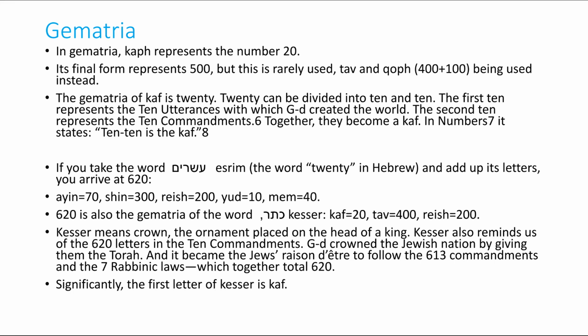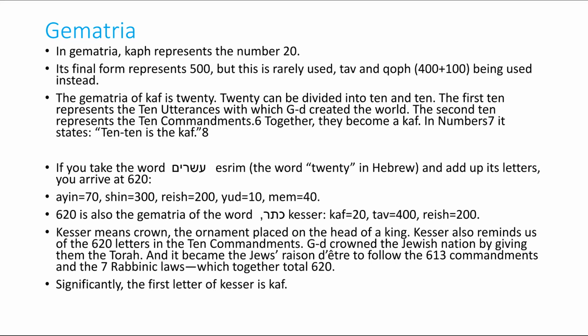They tend to use two different numbers together to get to 500, and it happens to be 400 plus 100. Tav and kof we'll get to later. So we tend to always think of the kaf in its round cup-like form, not as its final form. And the gematria of that's 20. And 20 is obviously two 10s.